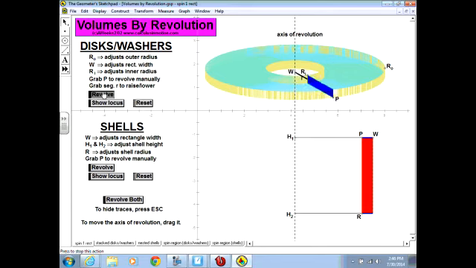Our inner radius belongs to the circle that's going to be subtracted off, and the outer radius belongs to the big circle. So for our face, we'll do the area of the big circle minus the area of the small circle. We will use this method, the washers, anytime there's a gap between our region and the line we're rotating around.